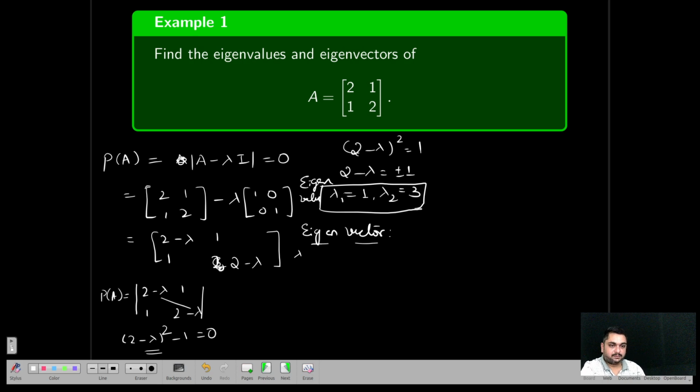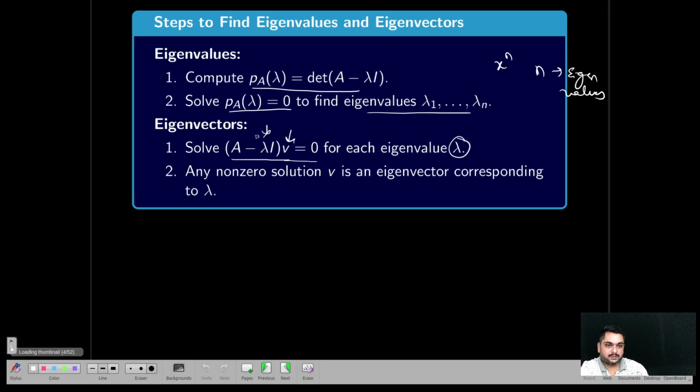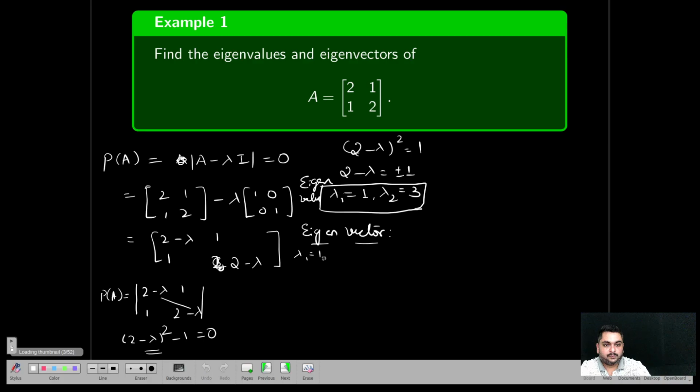So first we'll start with lambda 1 equal to 1. How will you find it? A minus lambda I, multiplied by v, should be equal to 0. Same thing again. So what is A minus lambda I? Lambda here is lambda 1 equal to 1, so instead of lambda you put 1.